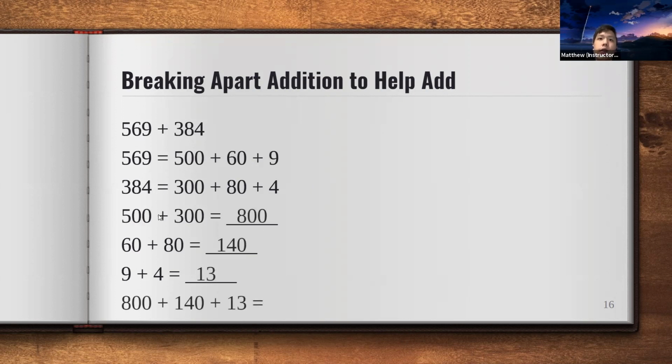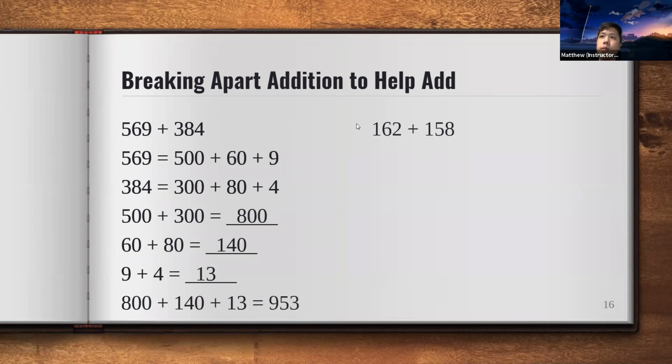So 500 plus 300 would be 800. 60 plus 80 would be 140, and 9 plus 4 would be 13. So 800 plus 140 plus 13, that's just 800 plus 140, which is 940, plus 13, so it'll be 953, which is here. The answer is 953.